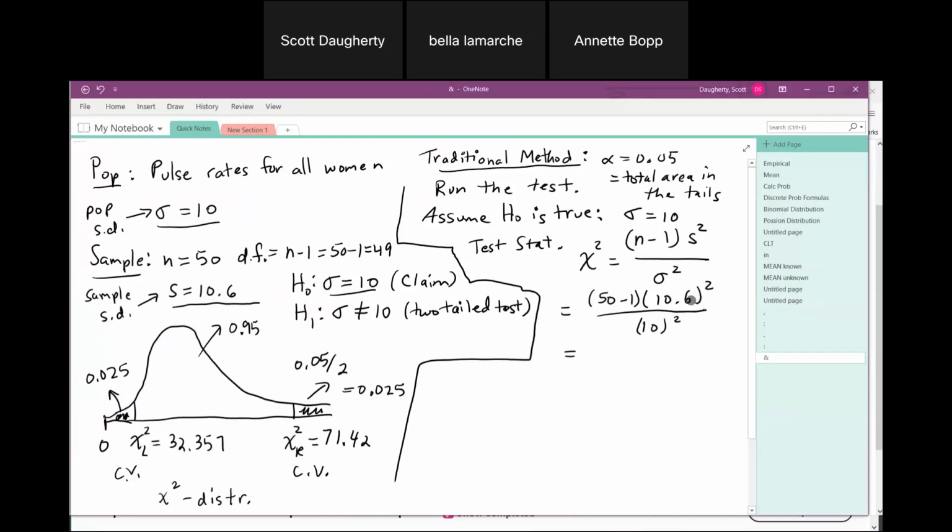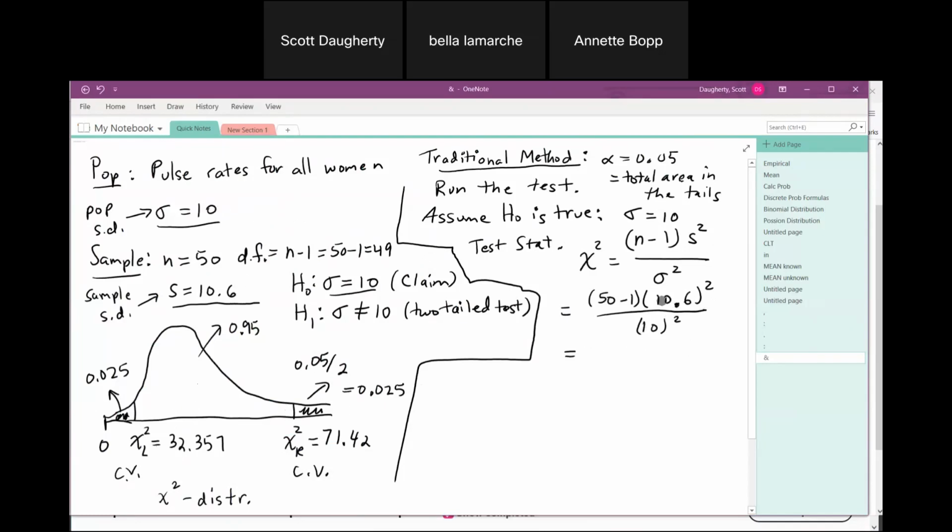If this was exactly 10, you would have 10 squared for S squared, but you'd also have 10 squared for sigma squared, and those would cancel out, right? That'd be 100 over 100. Those would cancel out, and you'd be left with 49. And 49 is right in the middle of these two chi-square values. That's what we would expect to happen if sigma really is 10. Now, we didn't quite get 10 for S. We got 10.6.